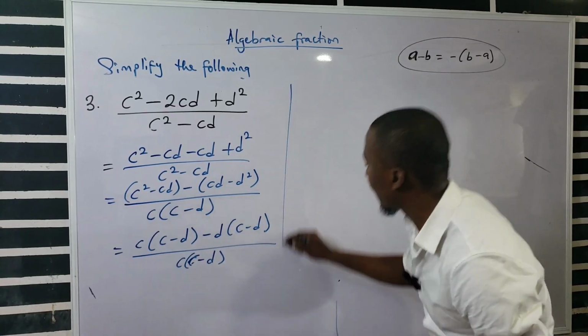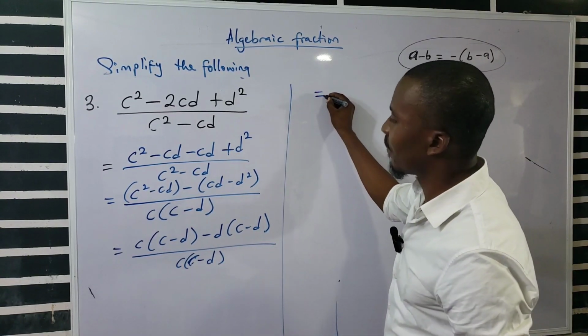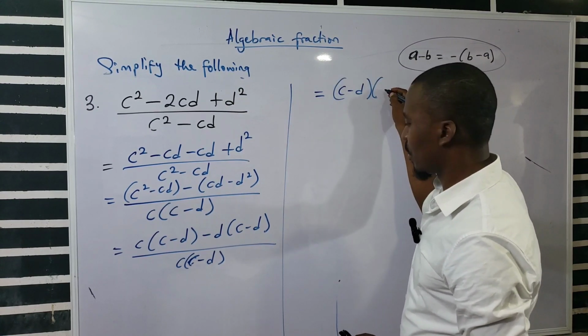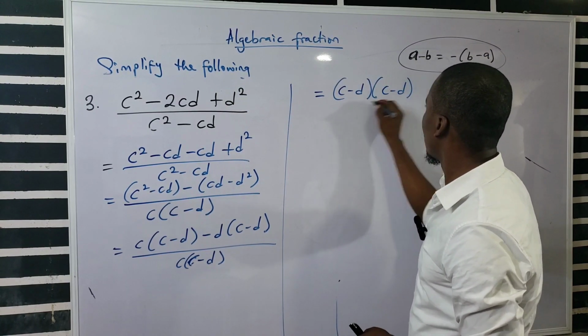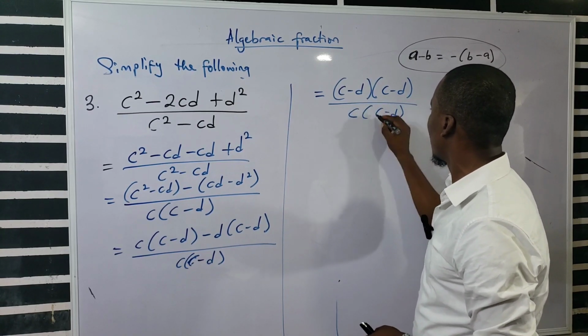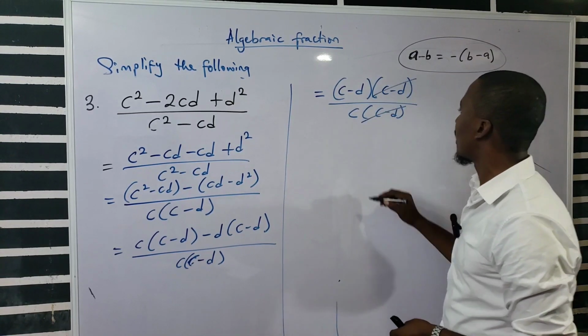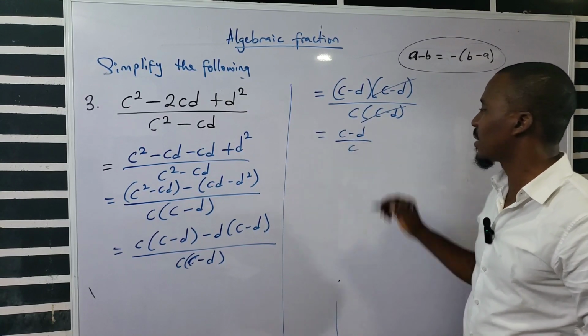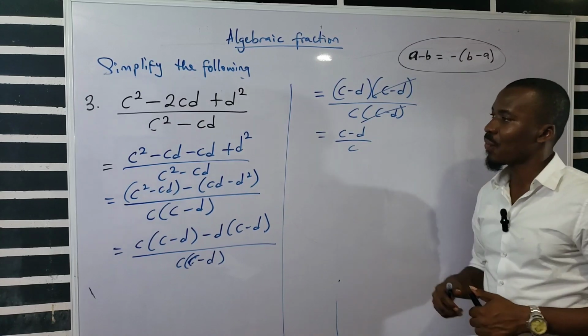So let's finish it up here. That will give us c minus d into c minus d all over c into c minus d. So this one and this one will cancel out, and we have c minus d over c. So that's how we can solve that.